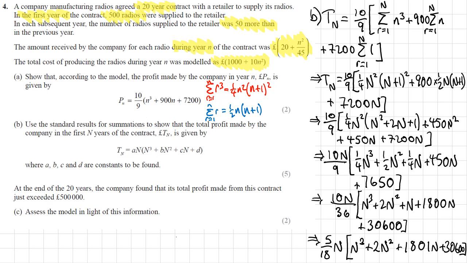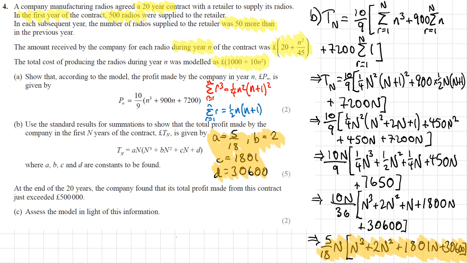A is equal to 5 over 18. B, that's the coefficient of the n squared term, that's 2. C, the coefficient of the n term, 1,801. And D, the number that's on its own, 30,600.